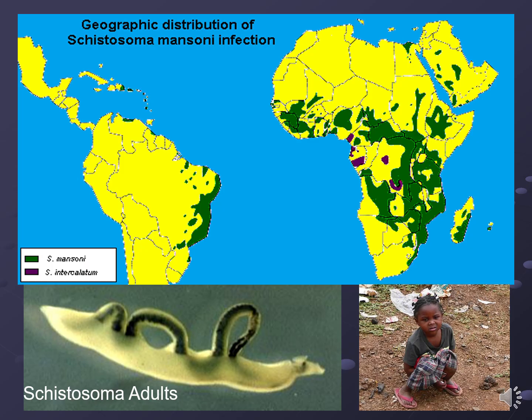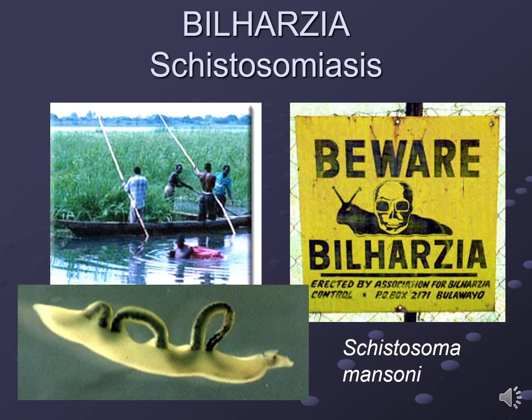Okay, this is a geographic distribution of Schistosoma mansoni infection. Schistosoma mansoni is the cause of bilharzia, as they call it in Africa, around the large lake district and around the Nile River and Nile Valley.